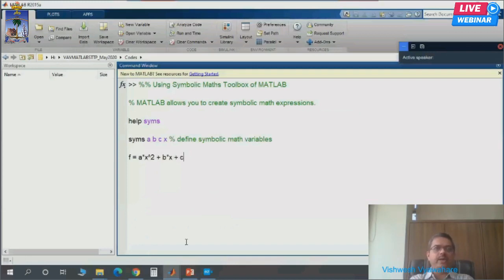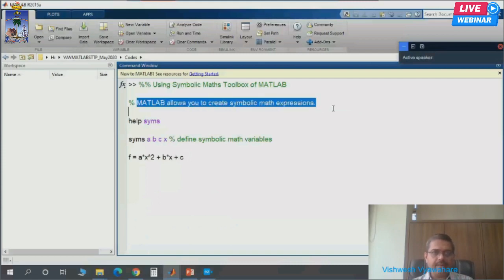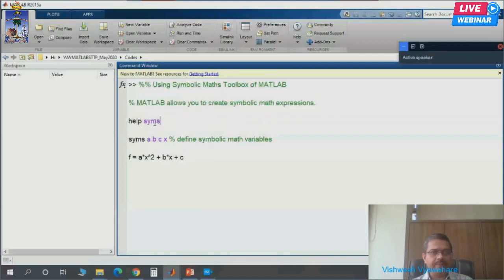Now let us have a look at this important set of commands. MATLAB allows you to create symbolic math expressions. If you write syms a b c x, this command tells MATLAB to define symbolic variables a, b, c, and x.